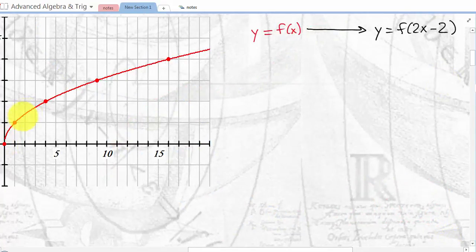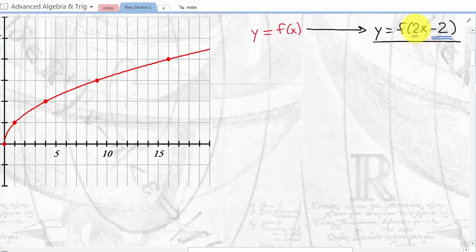So in red right here, you have the graph of a function that I call f, y equals f of x. And I want to graph the function y equals f of 2x minus 2. I do see a horizontal translation right here, 2 units to the right. And I do see a horizontal compression right here.